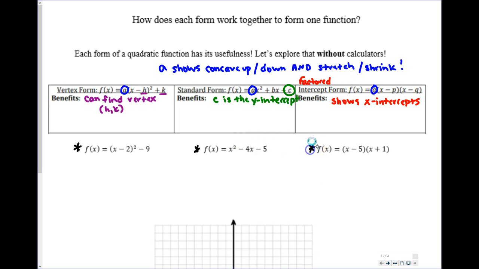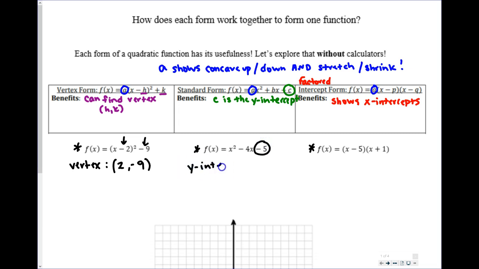So this first one is written in vertex form, okay? So I can find my vertex in this form. My vertex is going to be positive 2, negative 9. I know that because this number and this number. That's my vertex, okay? From the second form, I know the y-intercept, that negative 5.